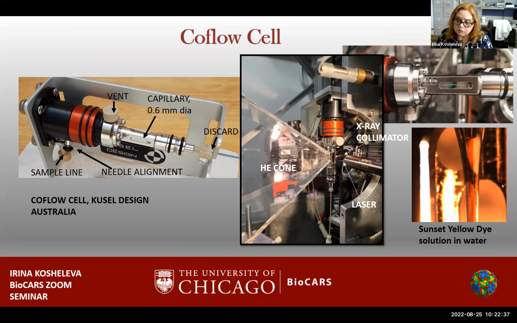Basically the sample solute is injected through a tube or a needle into a capillary filled with solvent. So this is a co-flow type cell. Of course, it's absolutely not a new idea. It has been used for a very long time for Taylor dispersion analysis, cytometry, cell sorting, fluorescence, flow-induced dispersion analysis, and many other different applications, including commercial applications.